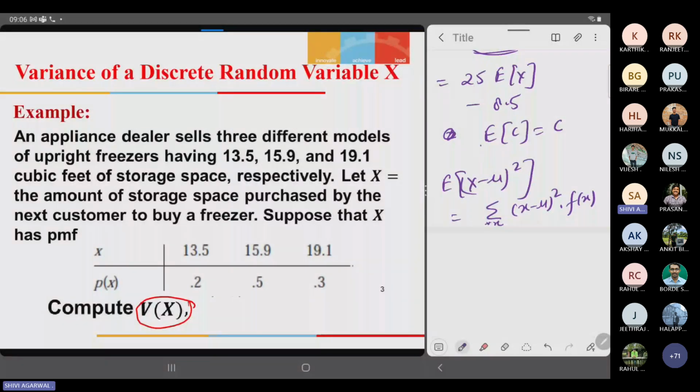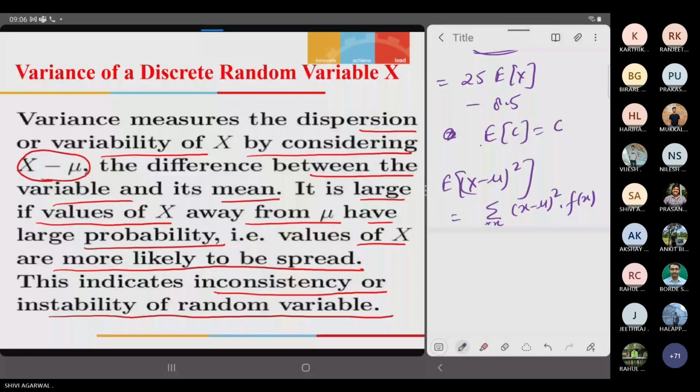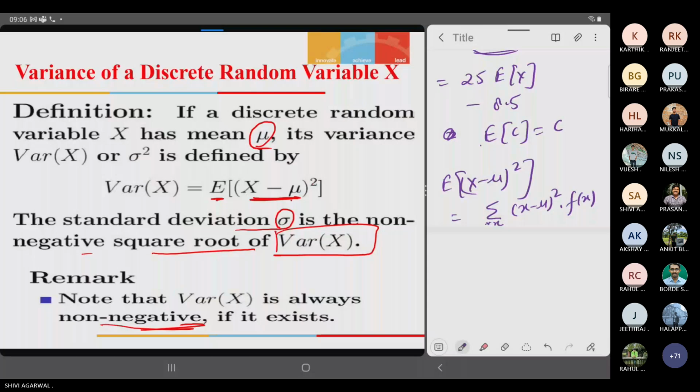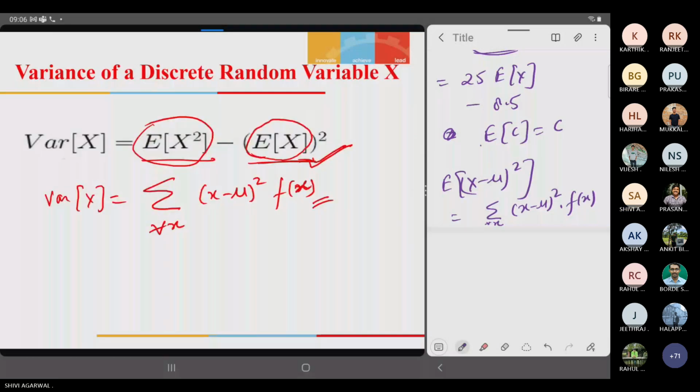What is inverted A, Mr. Sanjeev, in the formula? Where is capital A? It's mu. Mu is the expected value of x.